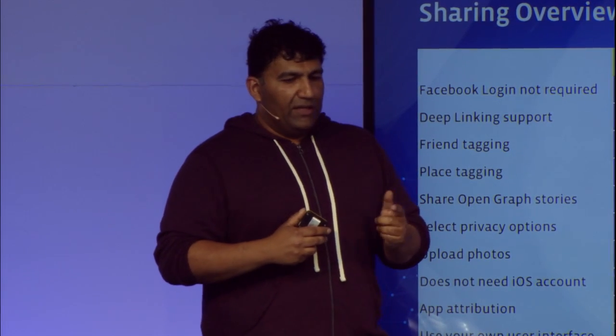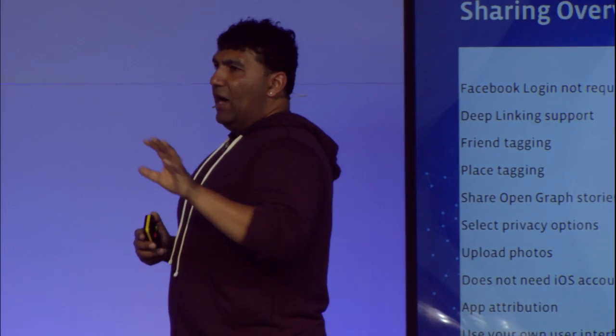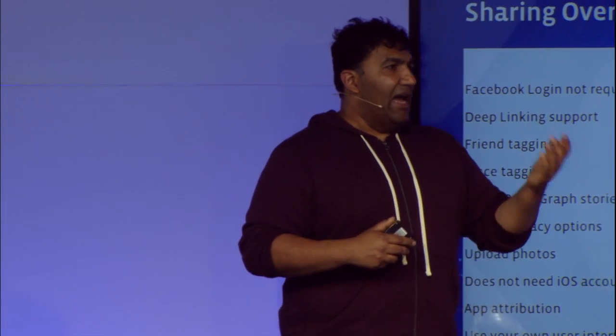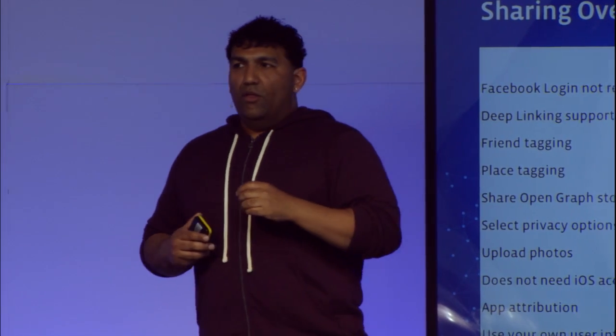The biggest difference is Facebook login. So far, I've shown you a bunch of options for sharing from your app, but I haven't shown you anything about Facebook login. It isn't required yet. Now, the thing is, though, that when I'm using the share options I've shown you so far, the simple share sheet as well as the native share dialogs, neither of those options reflect the user experience or the user design that you are building into your app.